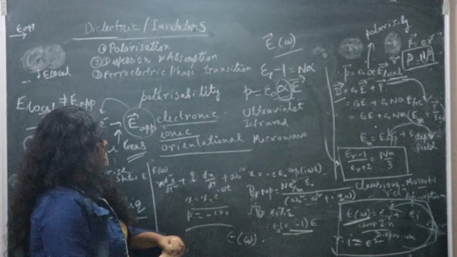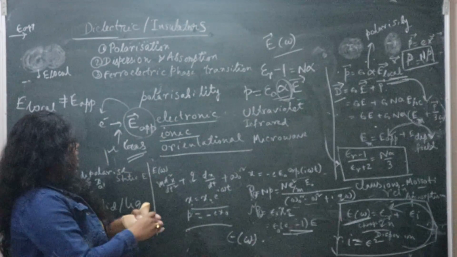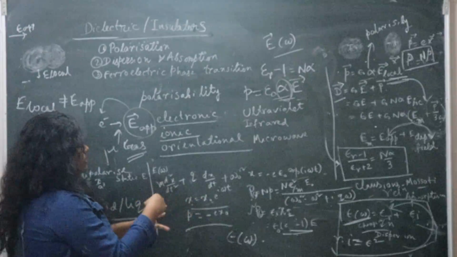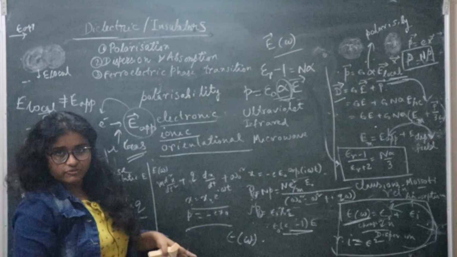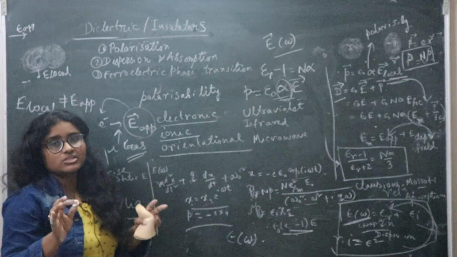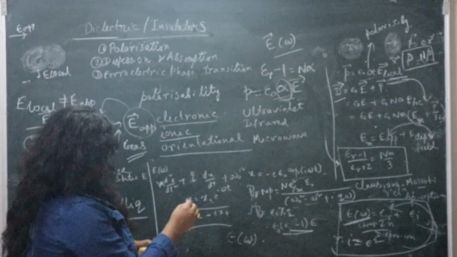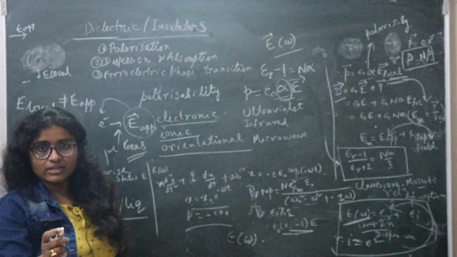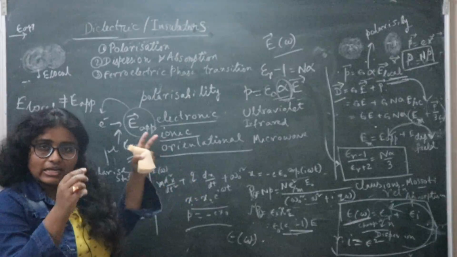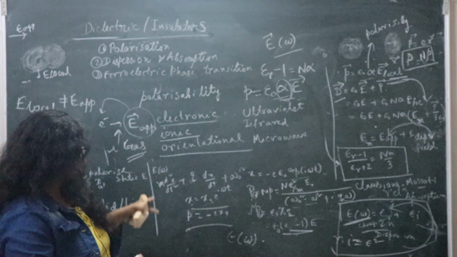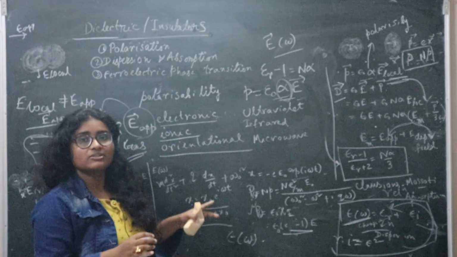Electronic polarizability happens when you apply an electric field and the electrons, which are much lighter, respond. With the variation of the applied electric field, the electrons can oscillate with that incident electric field.